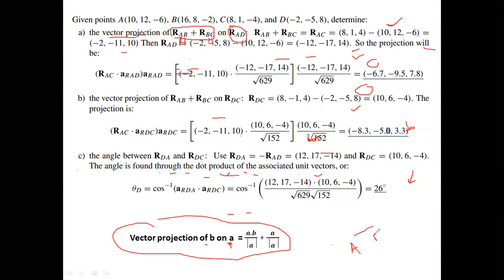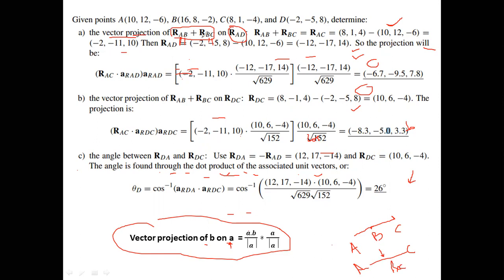This is the vector from A to B, and another vector from B to C. So we can write that it is actually from A to C. This was the trick for these two vectors. We can convert these two vectors into a single vector by writing RAC.